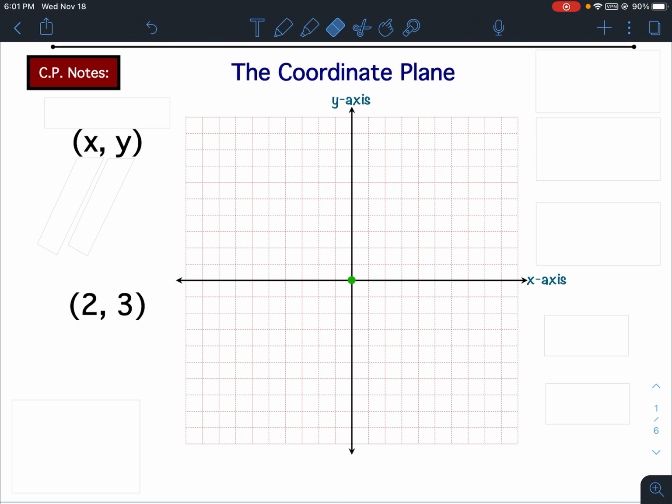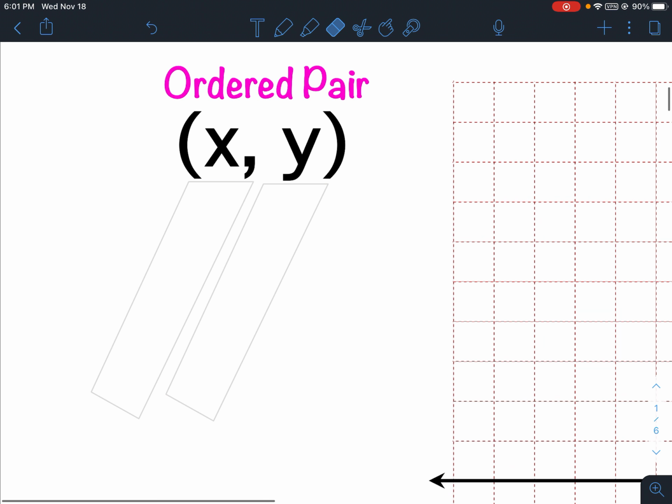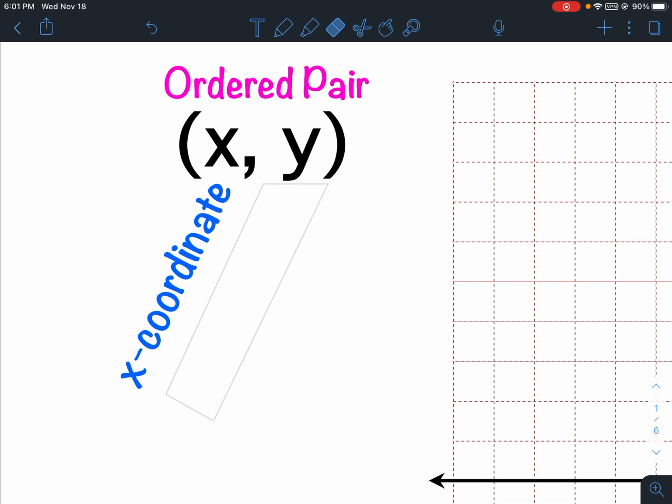So on this coordinate plane, we often plot points. Okay, each one of those points is 2 numbers, which is called an ordered pair. In an ordered pair, the first number is called the x-coordinate, and the second number is called the y-coordinate.